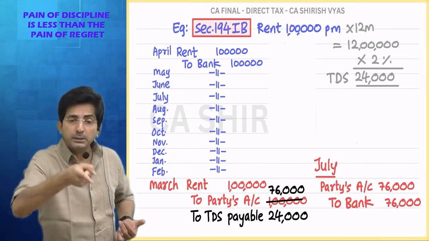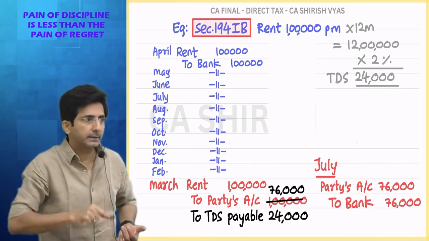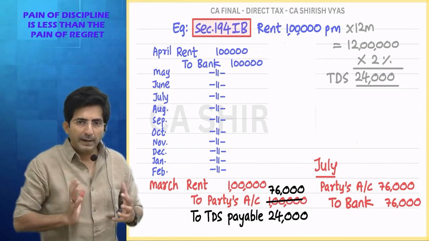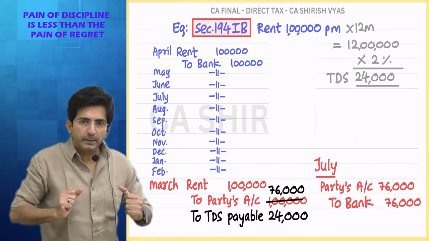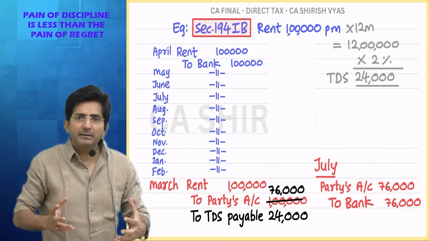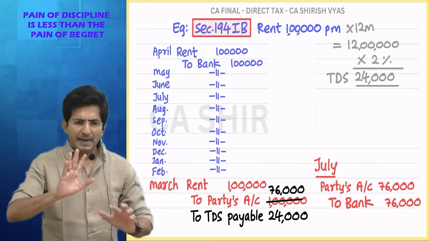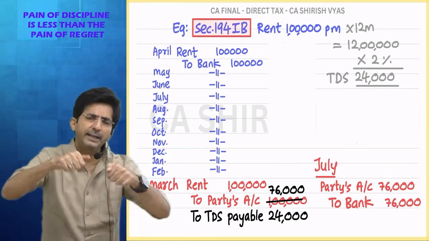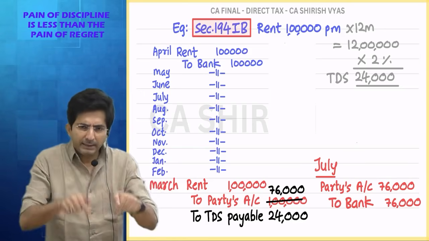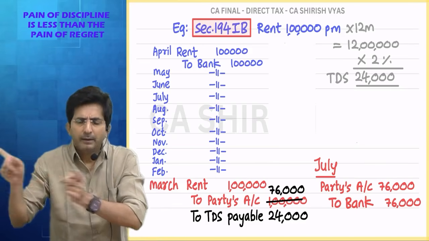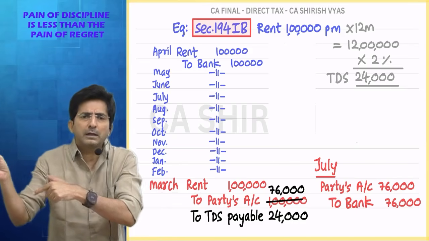If he doesn't furnish his PAN number, I will deduct 20% TDS. You know why this 20% TDS punishment? Because without PAN, the whole TDS system fails. You know, when I deduct TDS, why do I need PAN? Because that TDS I will deposit with government. And deposit will go to whose account?